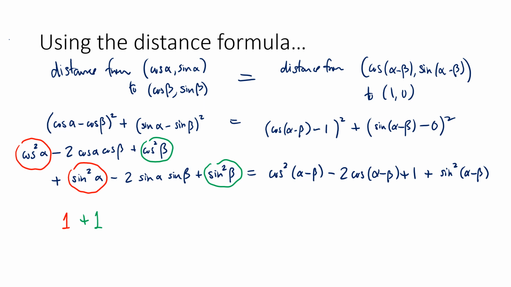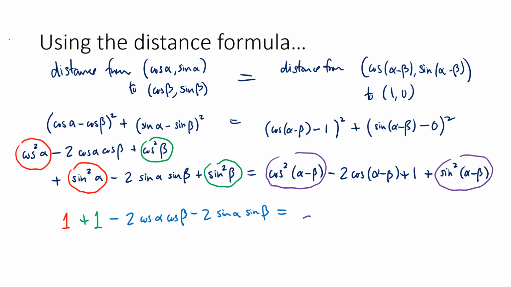Then I've got minus 2 cosine alpha cosine beta, and also minus 2 sine alpha sine beta. On the right-hand side, I've got cosine squared alpha minus beta plus sine squared alpha minus beta. That's 1, again, by my Pythagorean identity. And then I've got minus 2 cosine alpha minus beta plus 1.